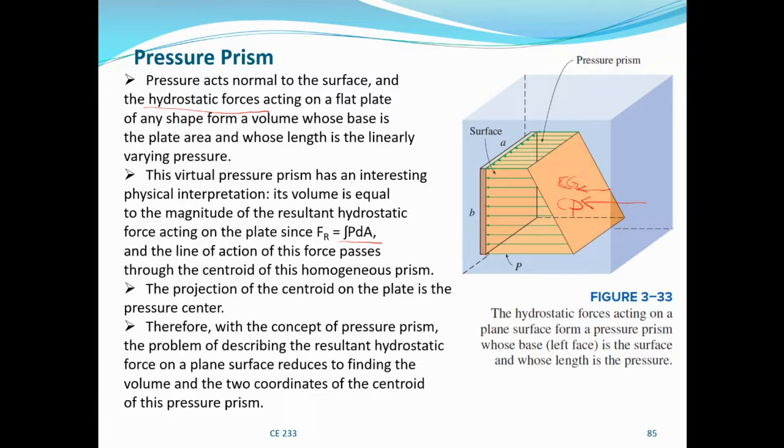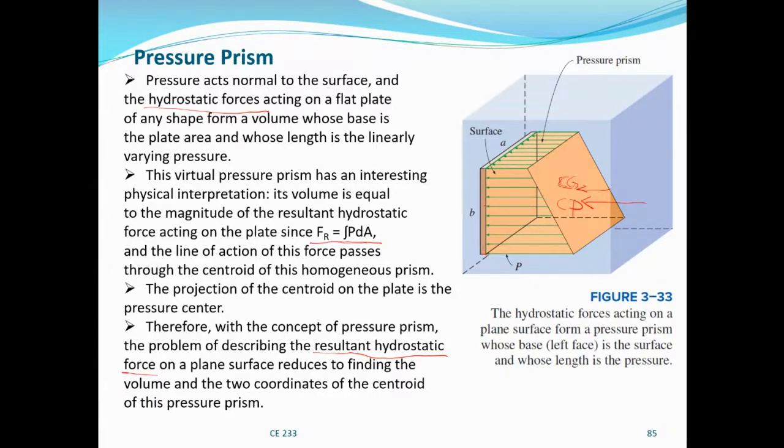And with the concept of pressure prism, the problem of describing the resultant hydrostatic force on a plane surface reduces to finding the volume and the two coordinates of the centroid of this pressure prism. So to find the resultant hydrostatic force on the plane surface, we are intending to find the volume. How do we find the volume?